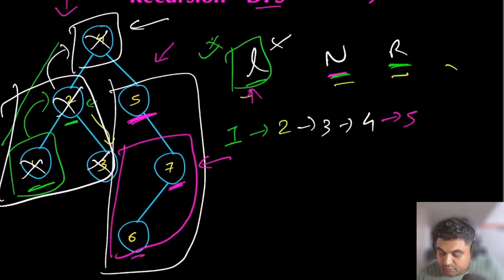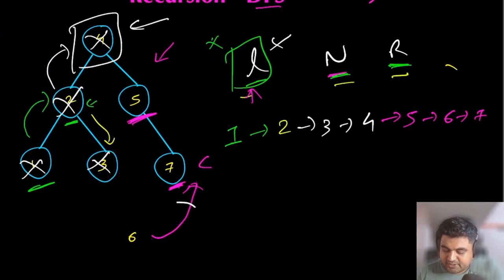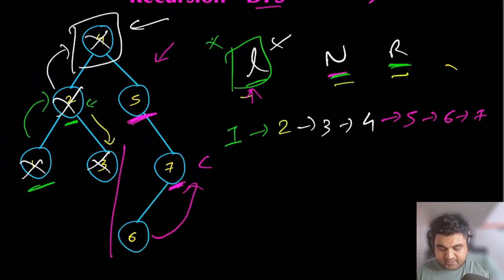From node number 7, we have a left child, which is node number 6. So we are going to visit node number 6 first, before backtracking and visiting node number 7. And since 7 does not have any right child, we are able to go back, and now we have visited the entire tree on its own, and we are done with the recursion.